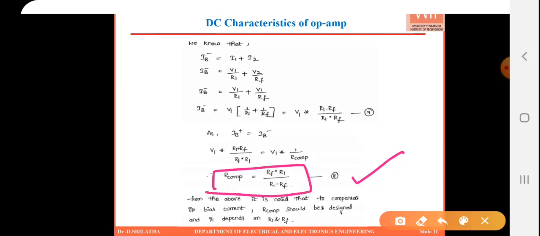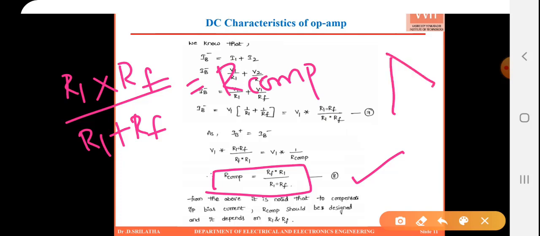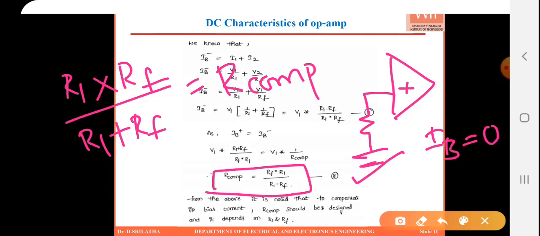So R1 is the input resistance and RF is the feedback resistance, and the value of the compensation resistance is the parallel combination of R1 and RF. What it means is we are connecting a compensating resistor to the non-inverting terminal in order to make the bias current effect 0 at the output voltage.